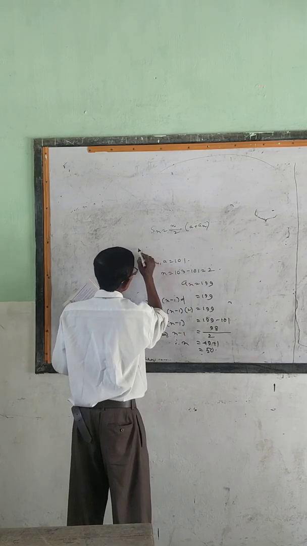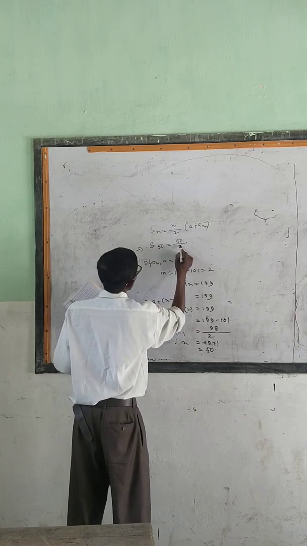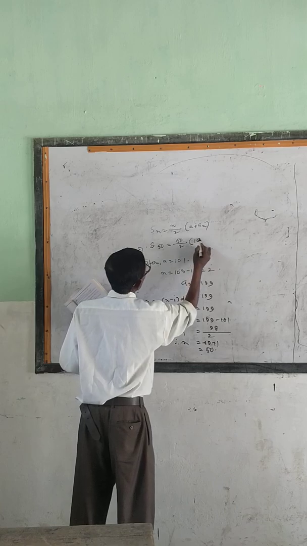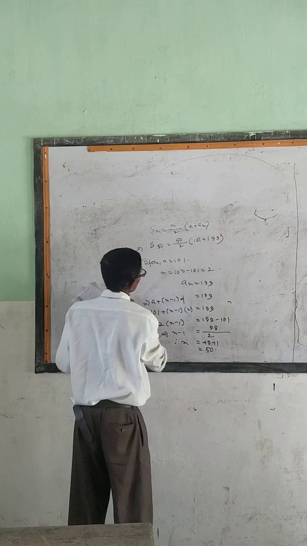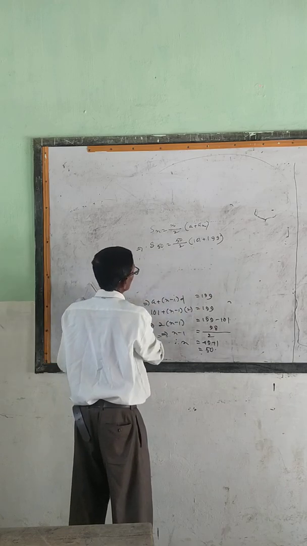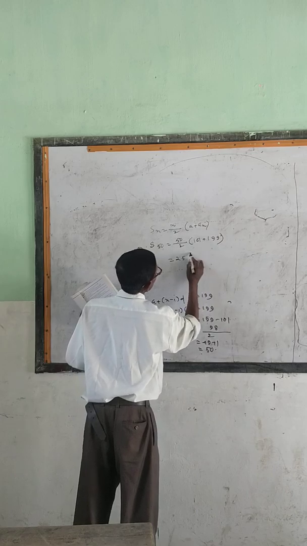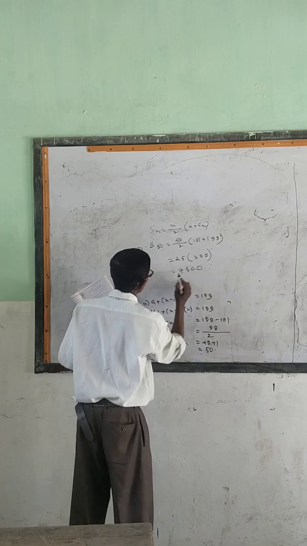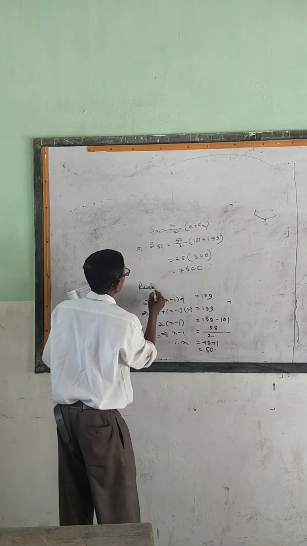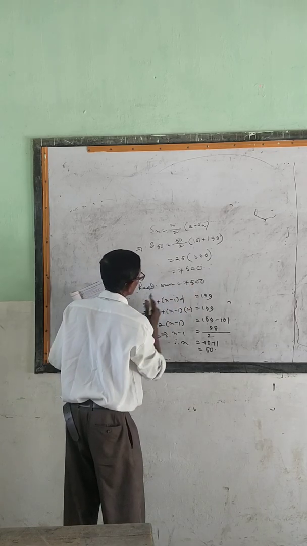Already we know An. So S of 50, 50 by 2, A means 101, An 199. This will be 25 into 300, which is 7500. So you have to write required sum equal to 7500. This is the result.